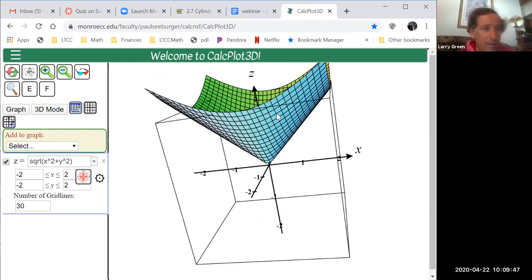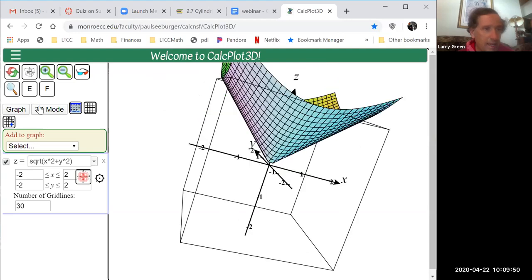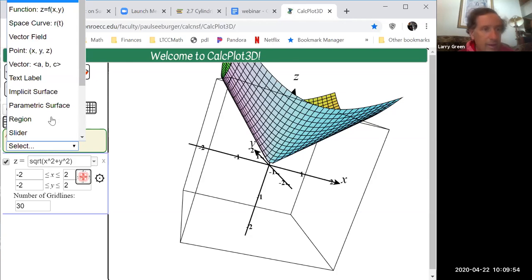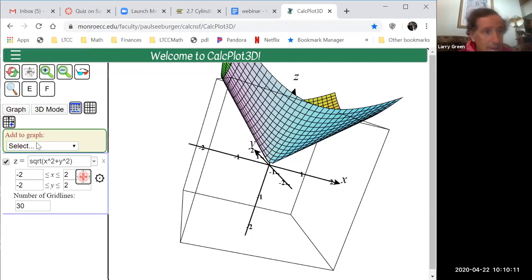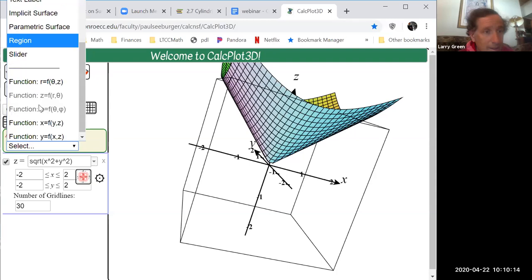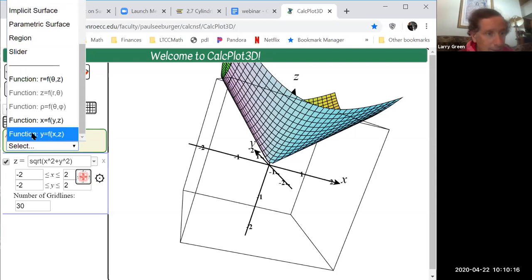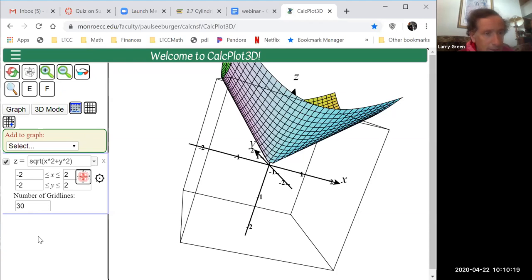While we're here, by the way, I want to show you I can add a function, rho equals, say, f of theta phi. Let me do it. Somebody does not let me do it.